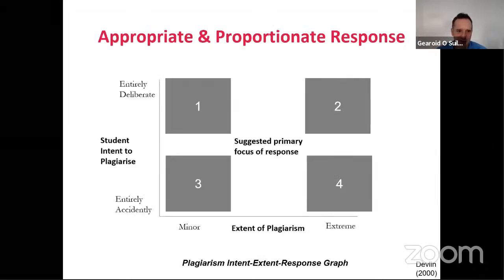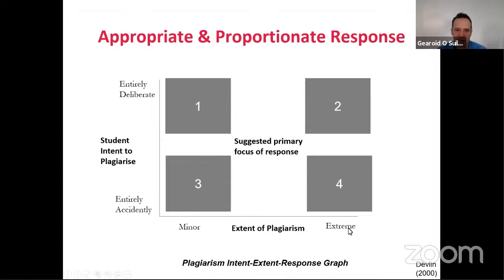Now, if we make a matrix out of this, where we have extent of plagiarism on the one hand, and then intent on the other axis, we can begin to think maybe about appropriate and proportionate responses to places where these two things intersect.